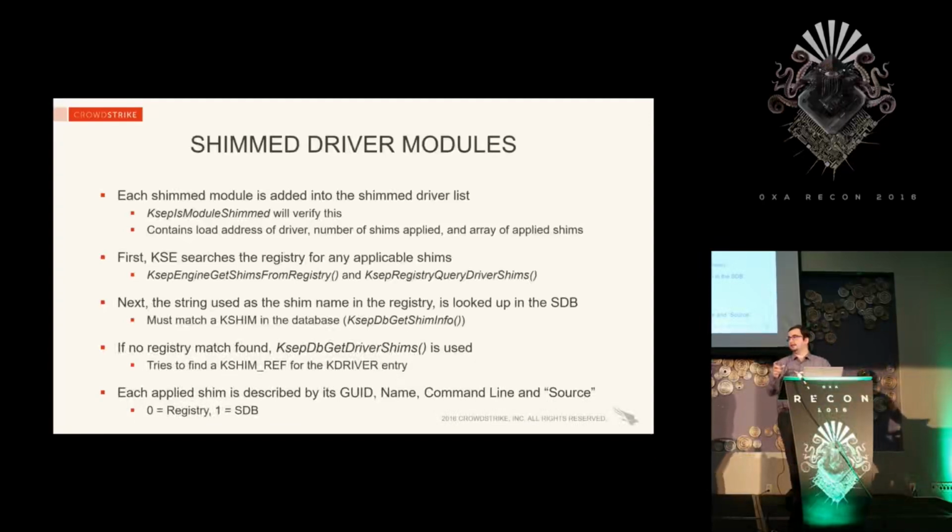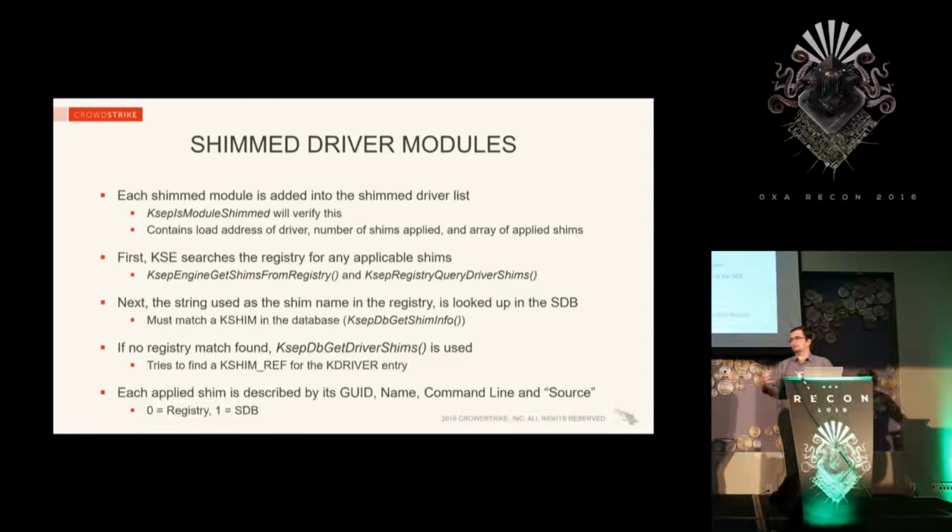A shim then has a shim descriptor called a KSHIM, which basically tells us the name of the shim, the GUID of the shim, and the module that should be providing the shim, so the driver that's actually going to be doing that. Another possibility is there's nothing in the registry, and then the SDB file itself can have what are called KSHIM references, and can basically identify that this driver and that driver need to be shimmed by that shim, and then the shim is defined in the SDB as well.